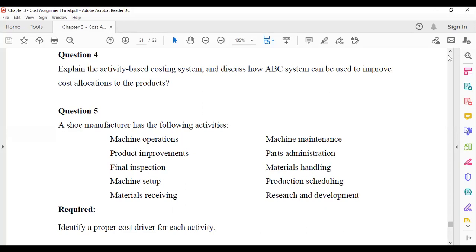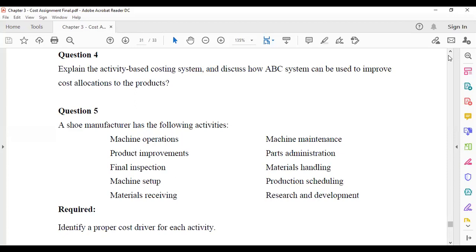Then what is activity-based costing? We call it an alternative to the traditional costing system. In fact, it's an alternative.